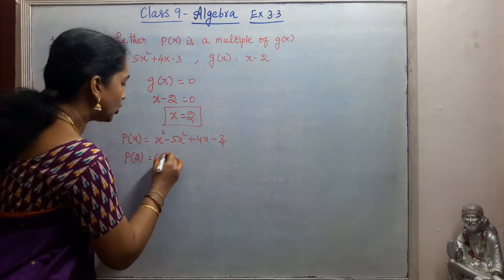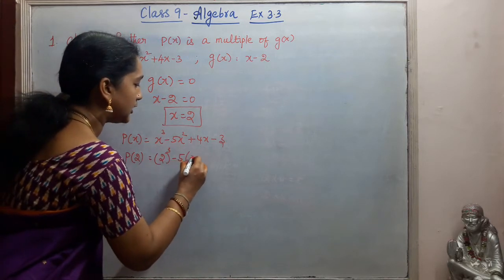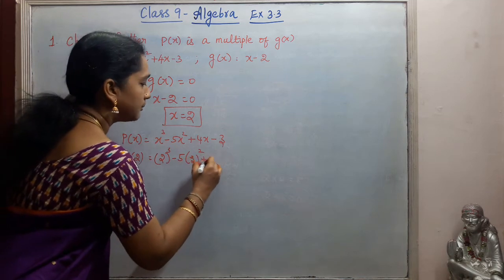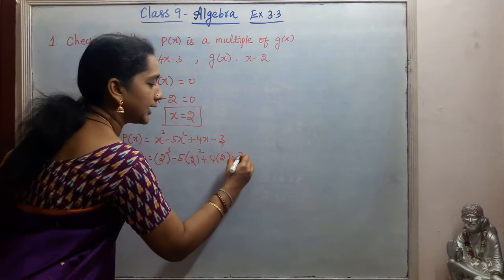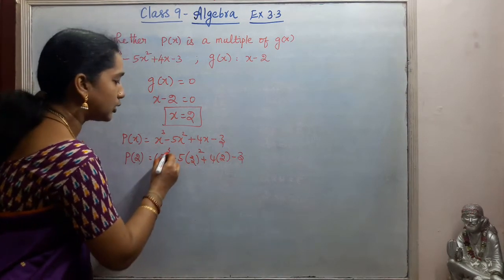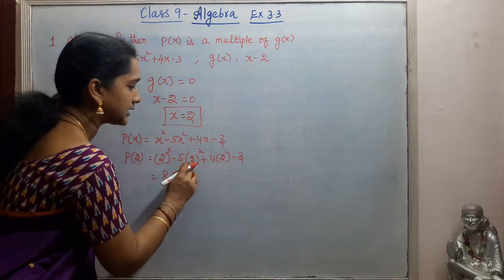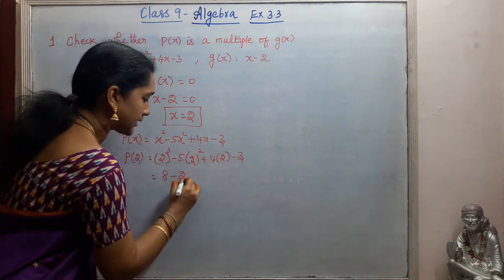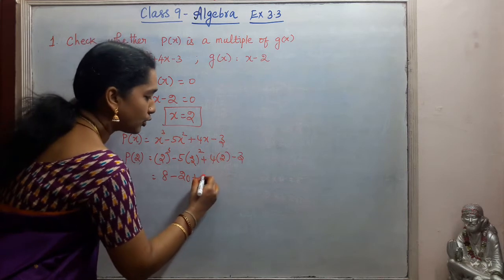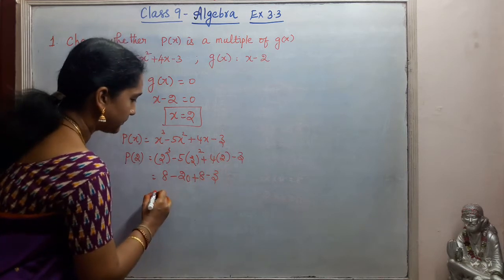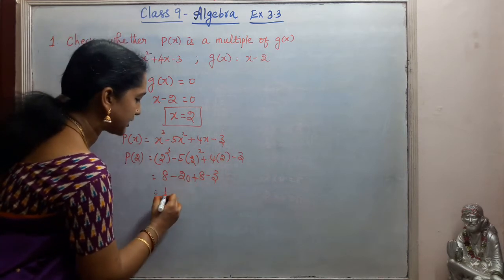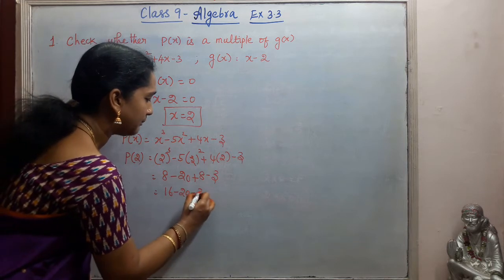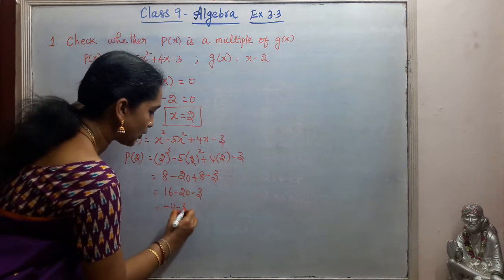So here, 2 cube minus 5 into 2 squared plus 4 into 2 minus 3. This is equal to 2 cube is 8, minus 2 2s are 4, 5 4s are 20, plus 4 2s are 8, minus 3. So this one will be 8 plus 8, 16, 16 minus 20 minus 3. So this is minus 4 minus 3.